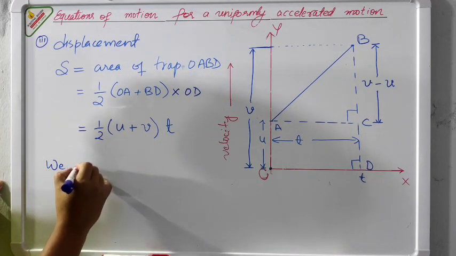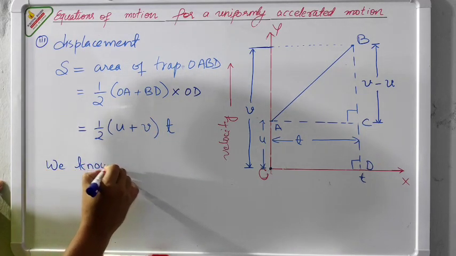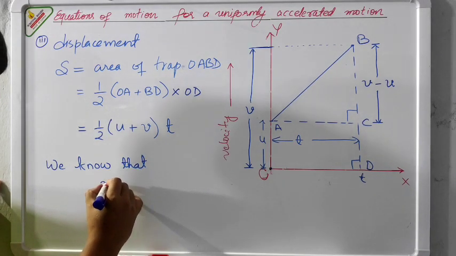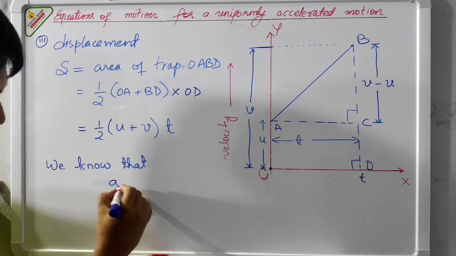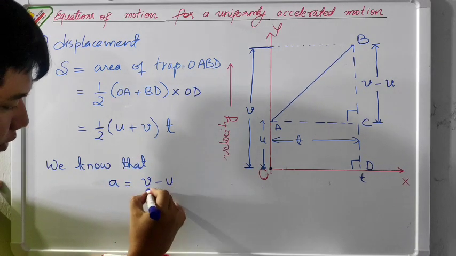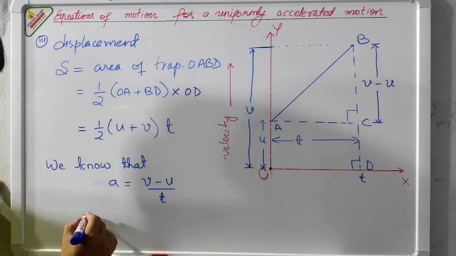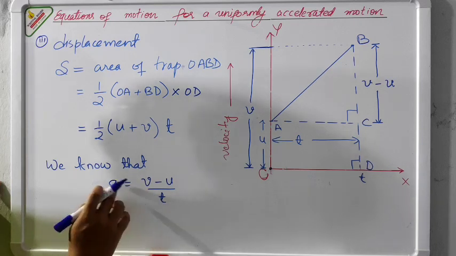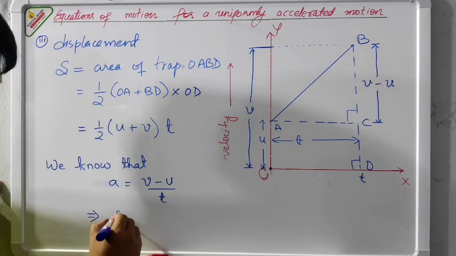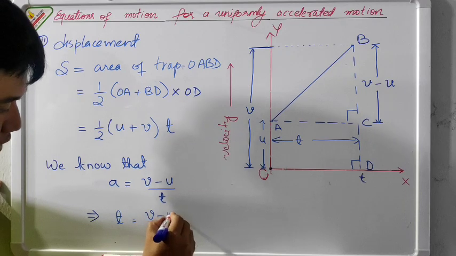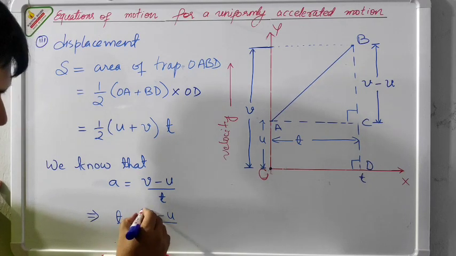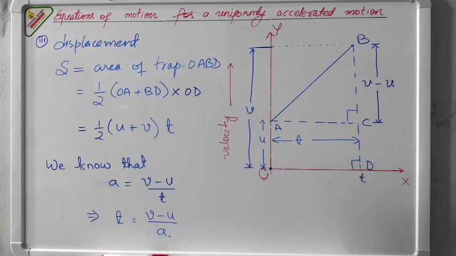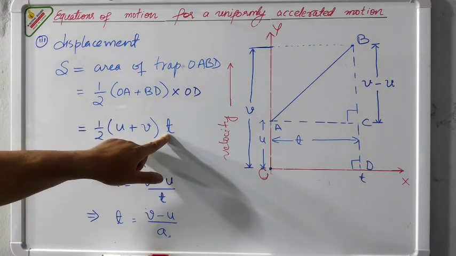We know that a equals v minus u by t, or from this equation, interchanging the positions of a and t, we have t equals v minus u by a. Putting the value of t in this equation.